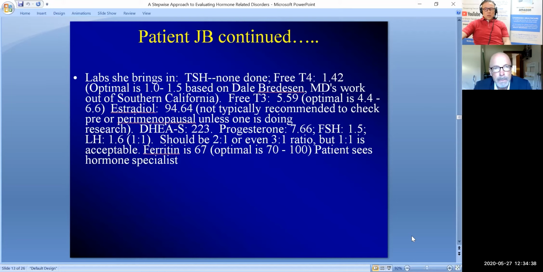Next slide. And if you don't mind me adding some things there, Carl, one thing that you'll notice is that free T3 of 5.59. I can honestly tell you, at least with the patients we see, because normally we see patients that have fallen through the cracks, the only way you would see a free T3 in that high of range is if they're taking T3 of some sort, like with Armour Thyroid that she's taking or the NP Thyroid.